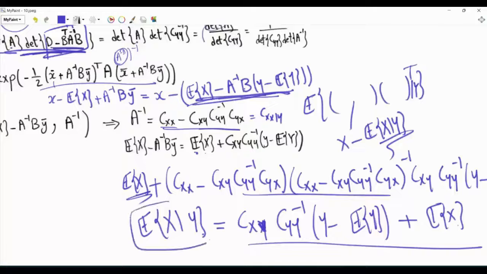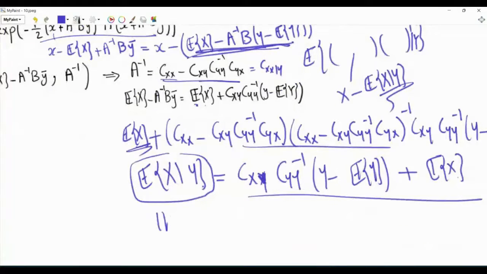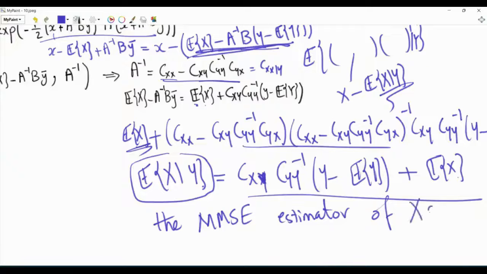And basically the expected value of x given y is the minimum mean squared error estimator of x given y. And don't forget that this is the case in which every random variable in x and y, all those guys, are a happy family. They are jointly Gaussian.